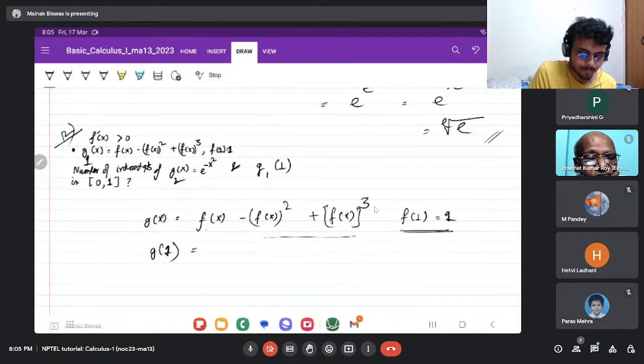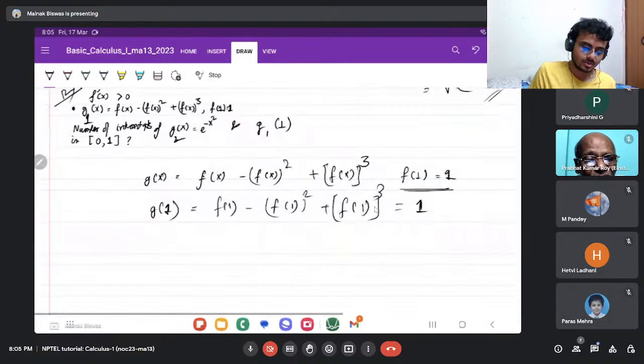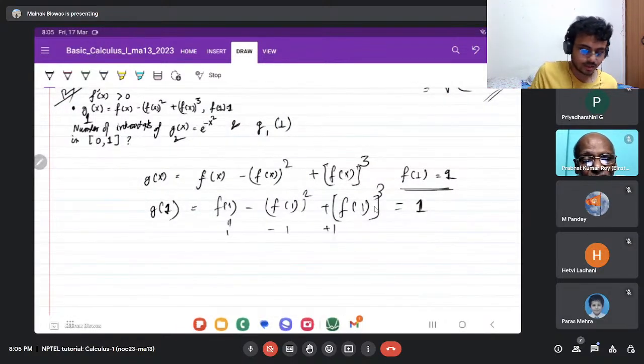So you are saying g of 1 is 1, correct? It is f of 1 minus f of 1 squared plus f of 1 cubed. So this is 1 minus 1 plus 1, which is 1.